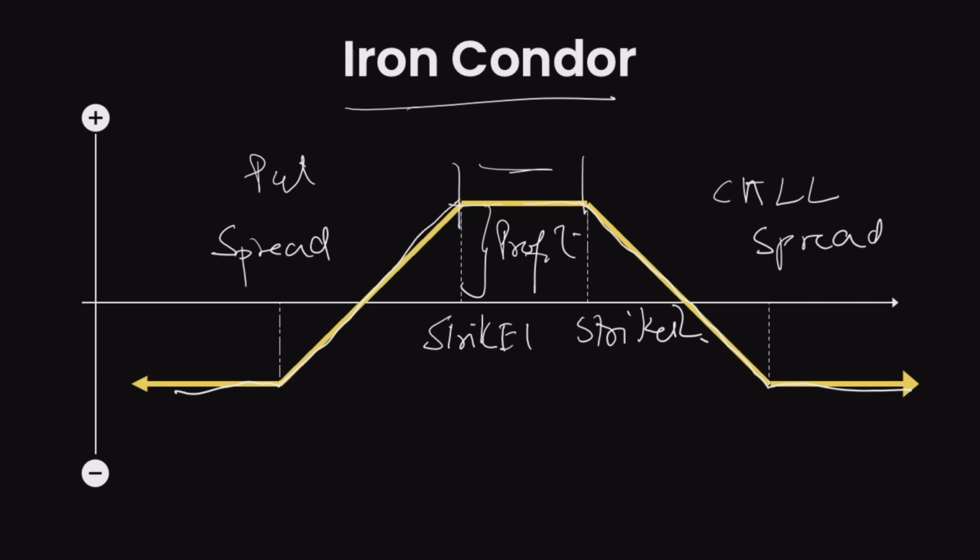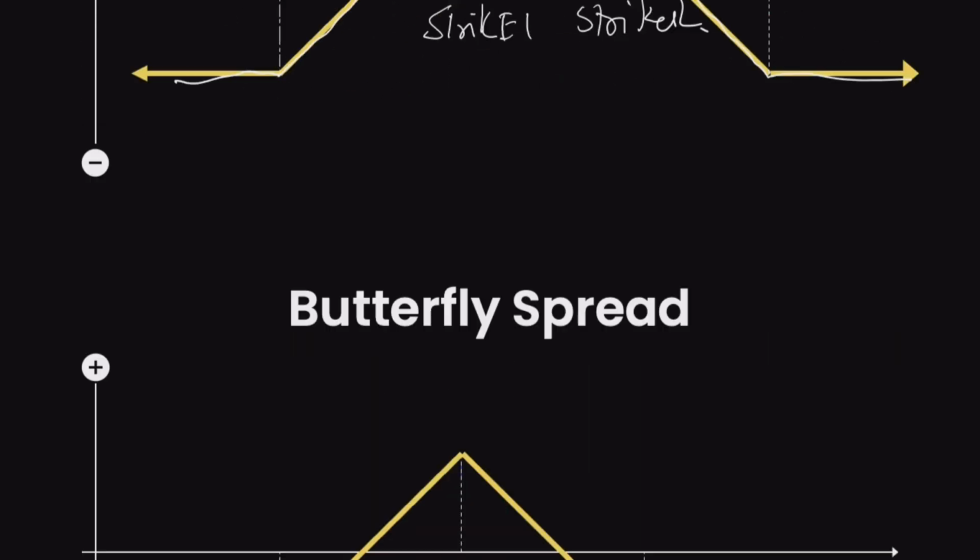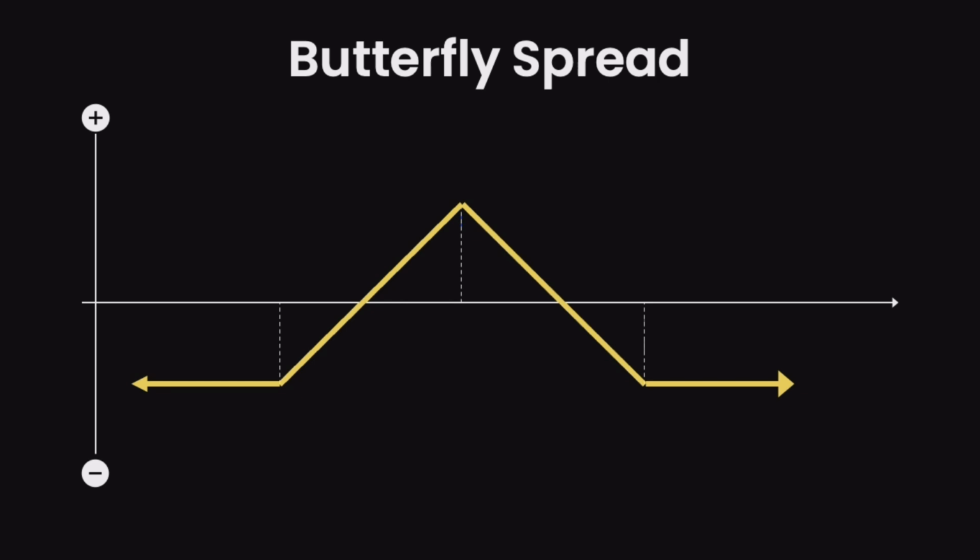Likewise, we also have the next strategy, which is called the butterfly spread. Now the butterfly spread is essentially the same thing as the iron condor. The only difference is that instead of having two strike prices, you only have one strike price, and the profit potential peaks at this strike price.